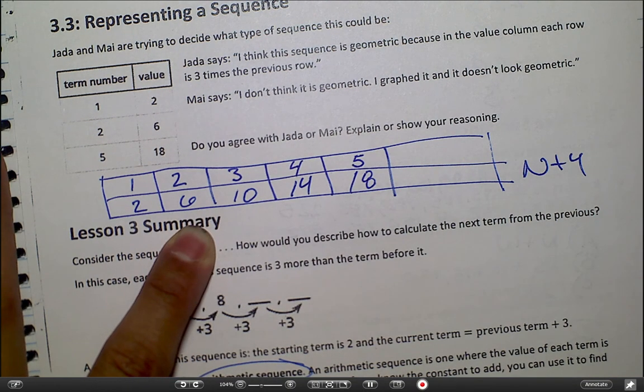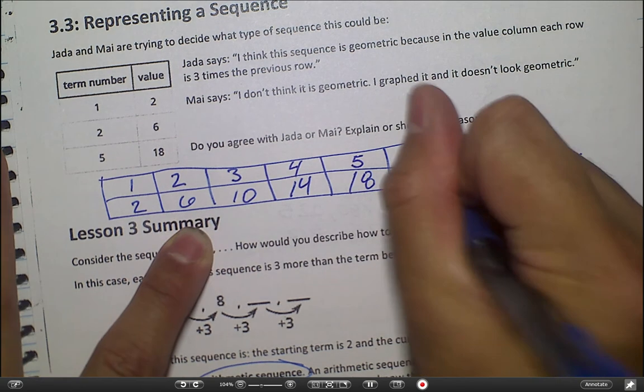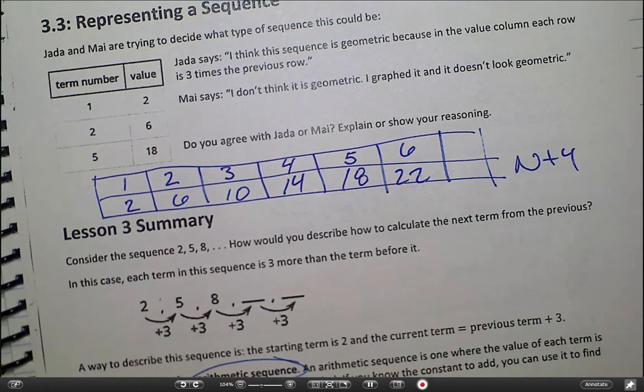So, who is correct? Is it Jada or Mai? Mai, because this is arithmetic, isn't it?